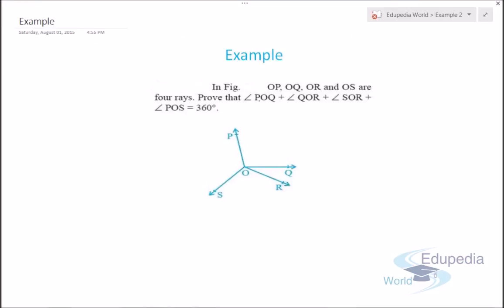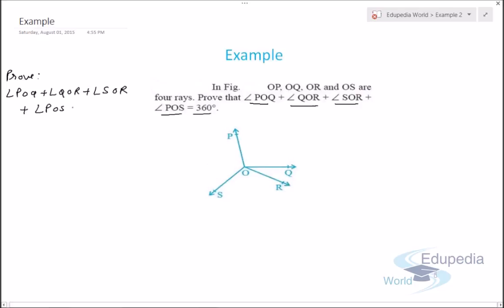We have to prove that angle POQ plus angle QOR plus angle SOR plus angle POS is equal to 360 degrees. So let's see how we can prove this.